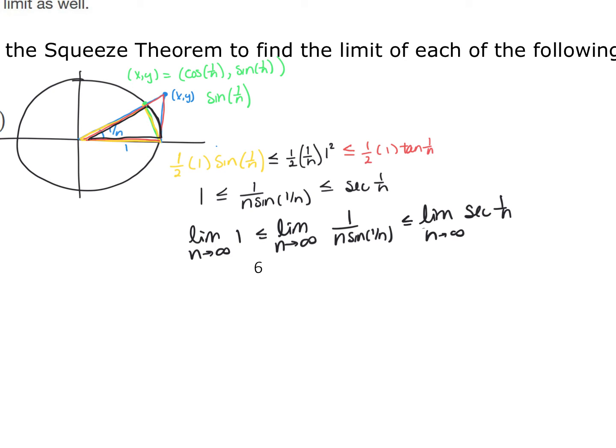Now, on the first side it's going to be 1, which is less than or equal to this junk, which is less than or equal to the secant of 1 over n.